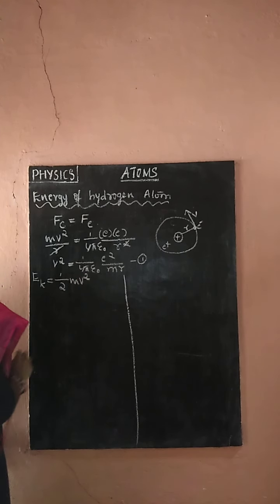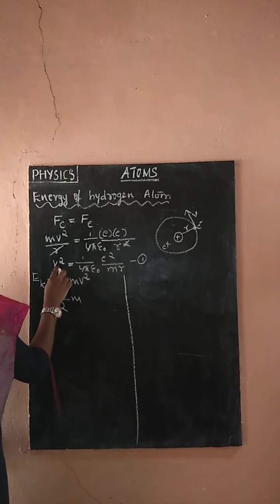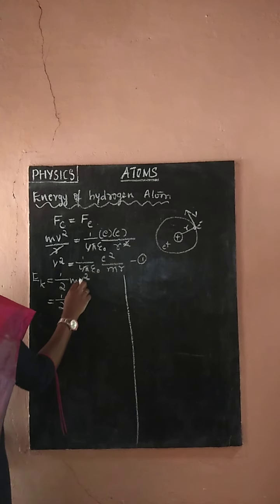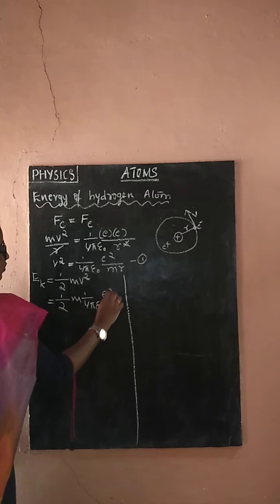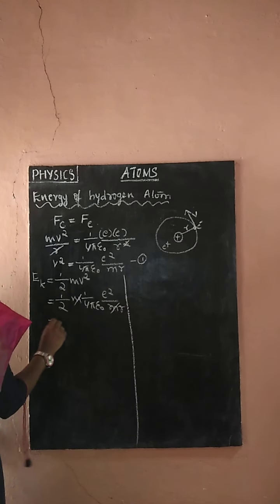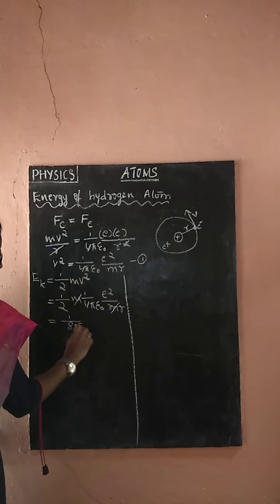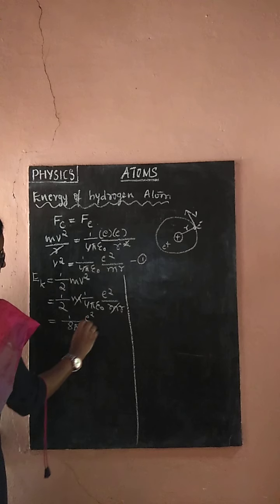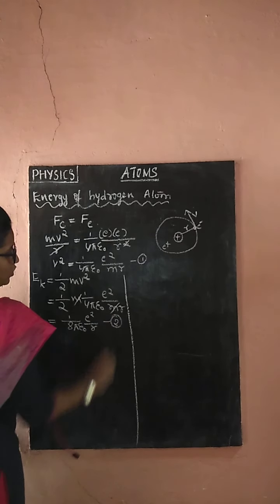So 1 by 2 as it is, m as it is, and I will substitute the value of v square: 1 by 4 pi epsilon naught e square by mr. This m will be cancelled. So 1 by 4 into 2 is 8 pi epsilon naught, e square by r will be remaining. I will take this as equation 2.